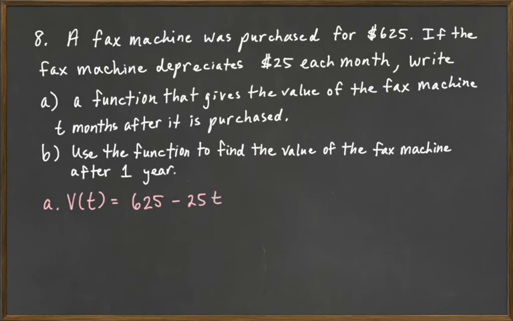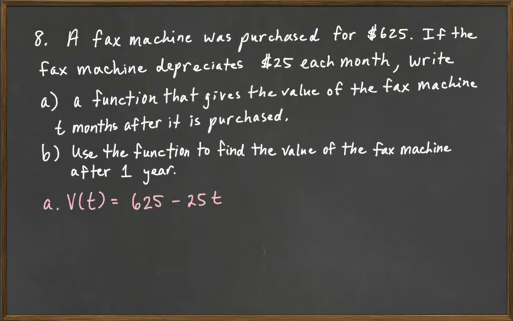So if it were 1 month, after 1 month since the purchase, you would have a value of 625 minus 1 times 25, or just minus 25, it'd be worth $600. V of 2 would be the value after 2 months, so that'd be 625 minus 25 times 2, or minus 50. So you can see that's going to work. So it's important to make sense out of your function.